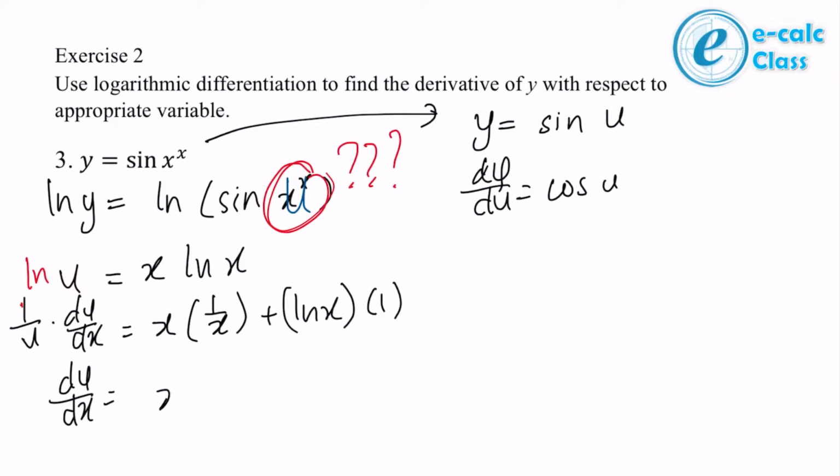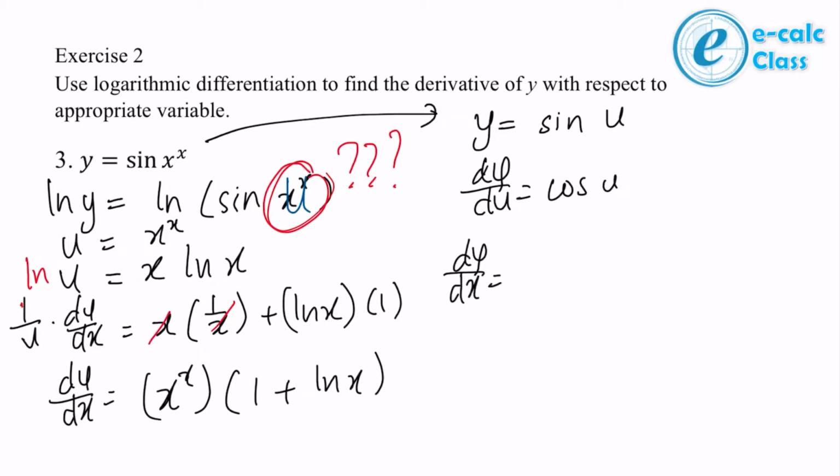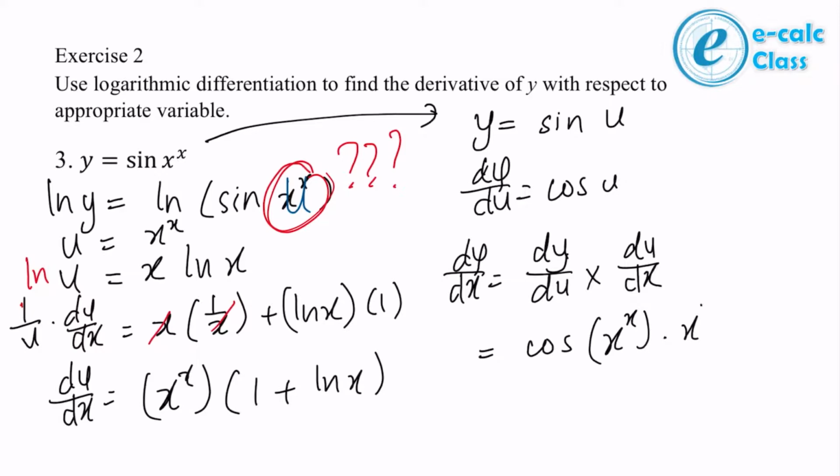It is x to the x. This one, simplify, 1 plus ln x. And that's it. dy dx is dy du times du dx. So cos, who's your u? x to the x, times x to the x times 1 plus ln x. Finish.